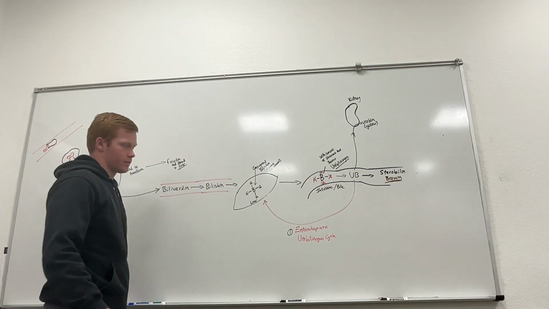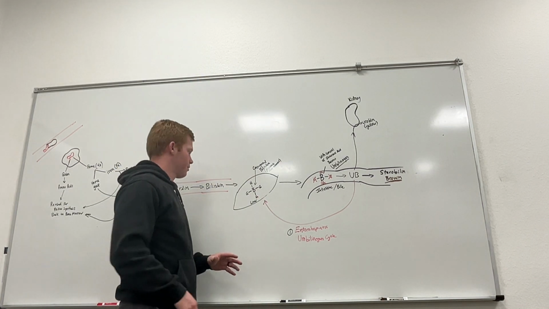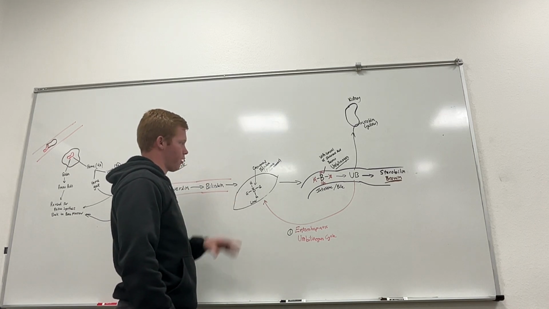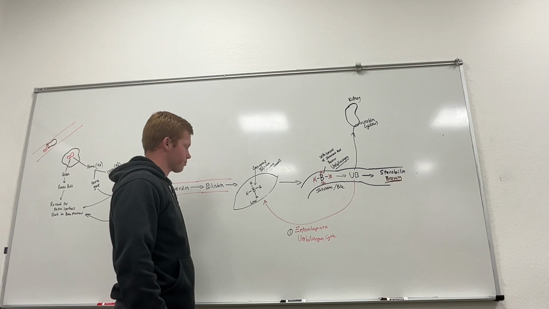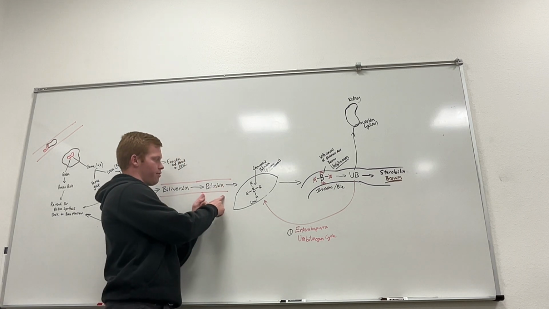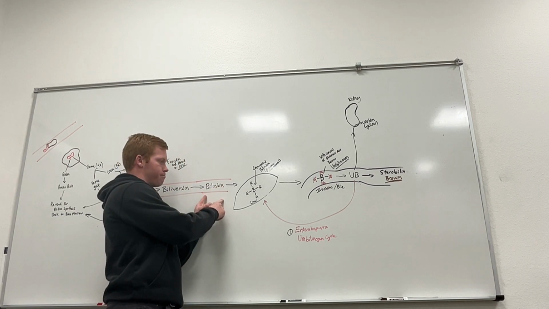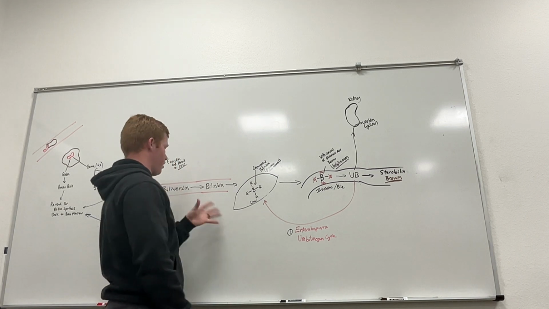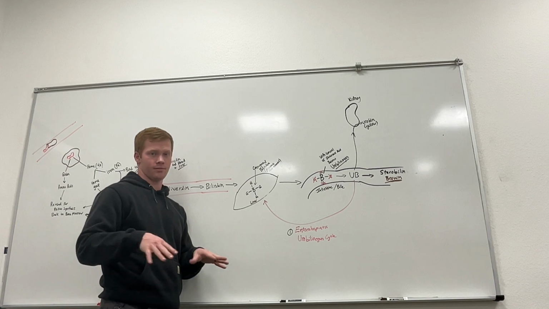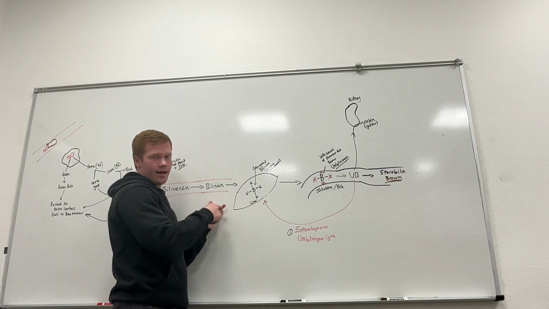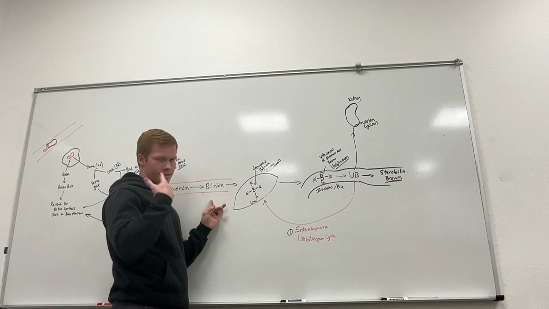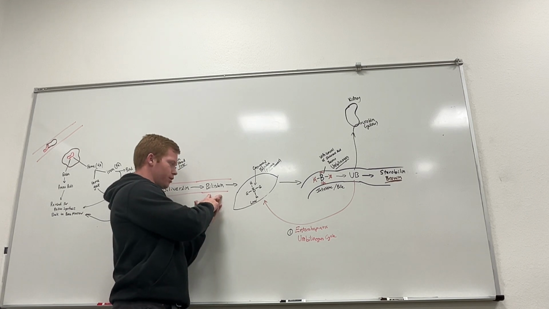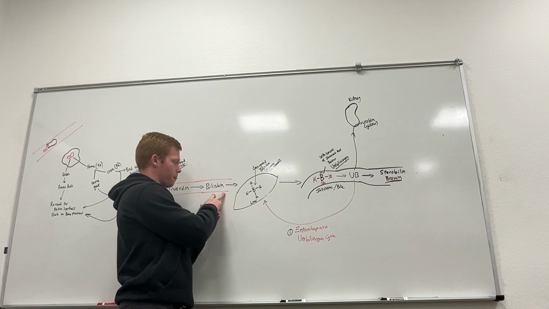I'm not 100% confident in this part, but from my understanding, if you have a buildup of bilirubin, I think that might be because you have like a lot of red blood cells being kind of broken down and destroyed, and that can lead to jaundice. And jaundice can cause like a yellowish color in the eyes and in the skin, and that's because I think bilirubin is yellow, and that's what contributes to that.